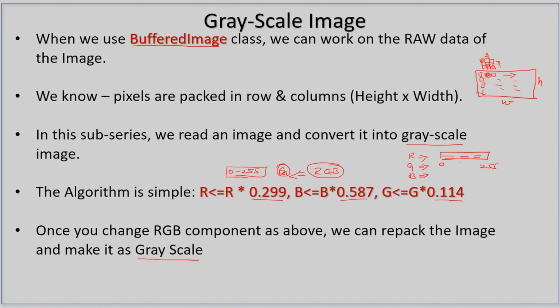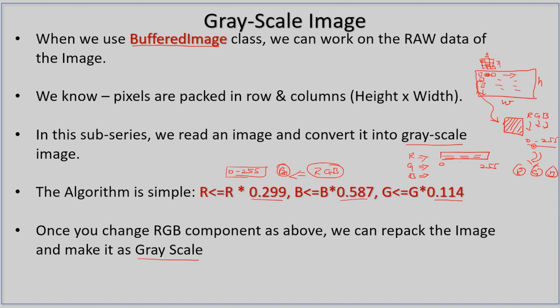Say for example, let's consider one pixel. Let's take this one. This pixel stores a color, and it's a combination of red, green, blue components. We will retrieve the red, green and blue components, apply this algorithm and get a value from 0 to 255. Then we will set this value for all the components, red, green and blue.